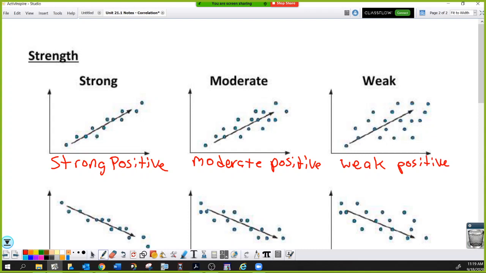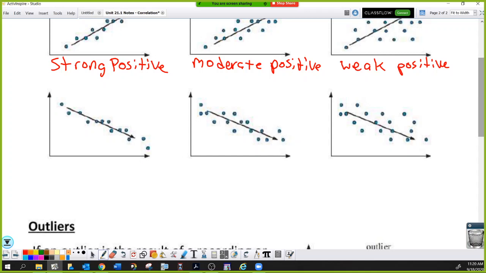And all those descriptors, if they exist for positive correlations, so there could be a strong positive, a moderate positive, or a weak positive, it's also true for the negatives. You can have a strong negative correlation, a moderate negative correlation, or a weak negative correlation. Exact same ideas. So data points packed tightly together, strong negative correlation.